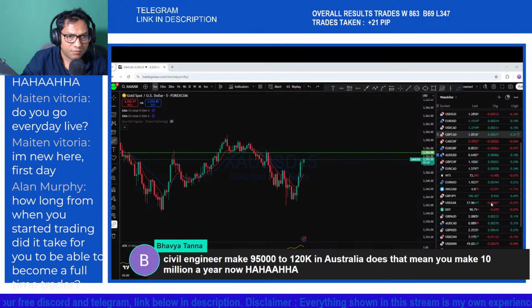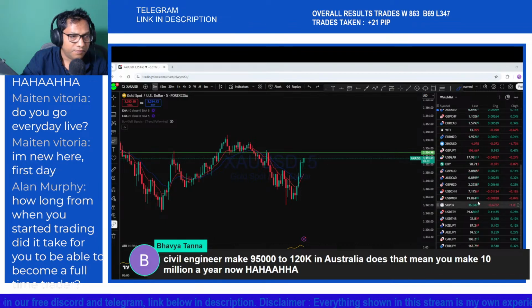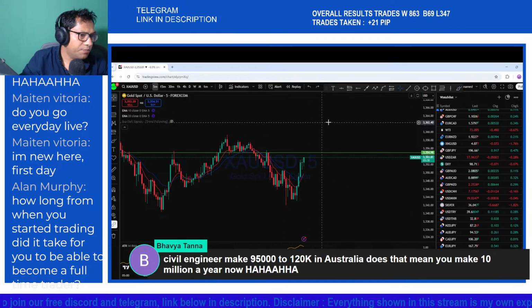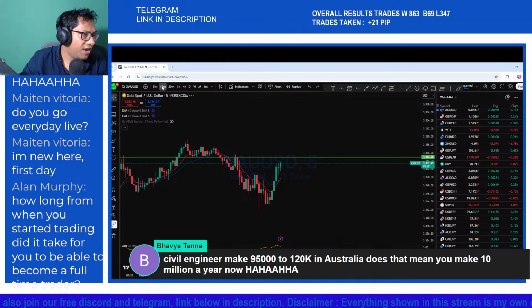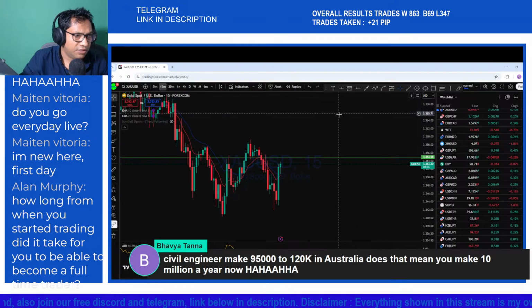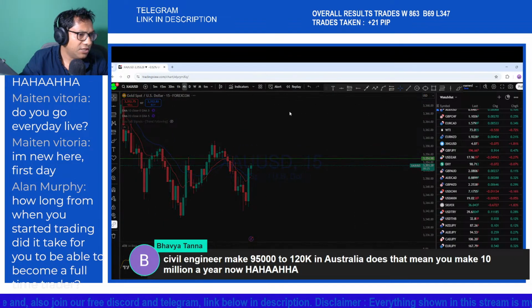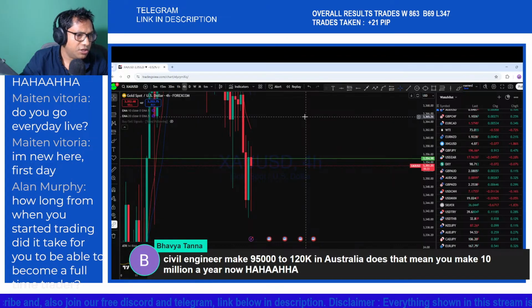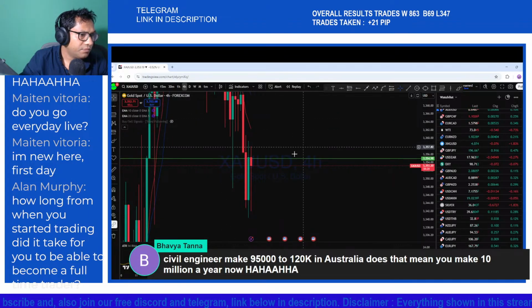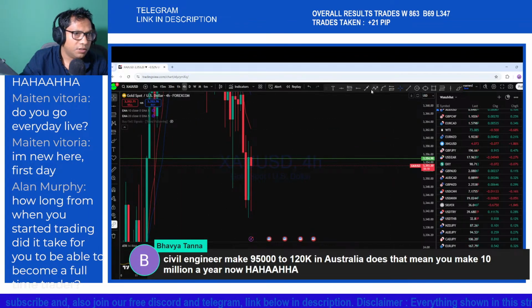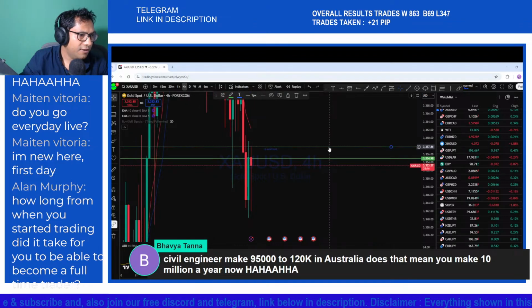It's hitting a very important key level. We might be able to find a potential entry on the 4 hour, approaching that key level. So this is the 4 hour high.